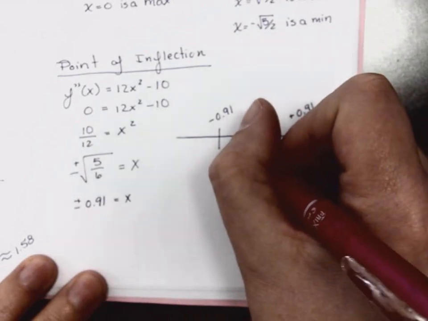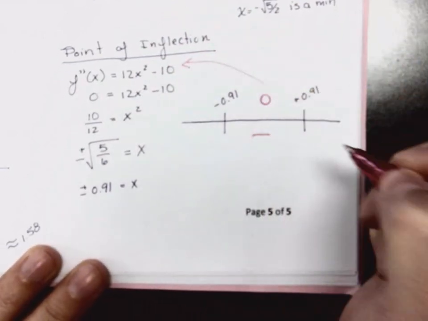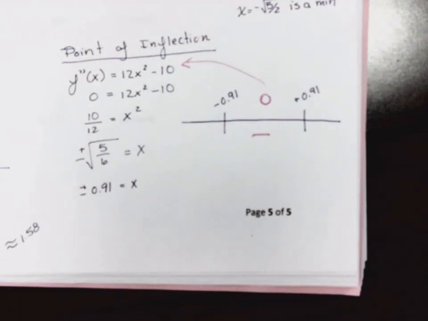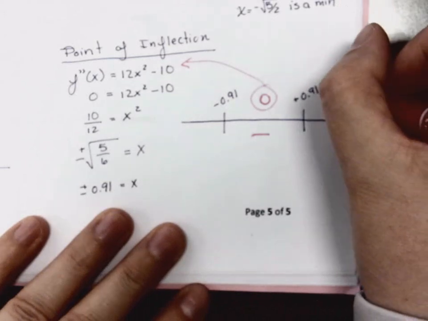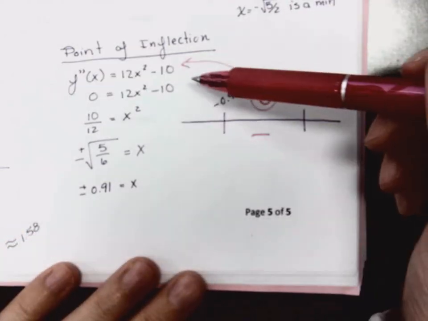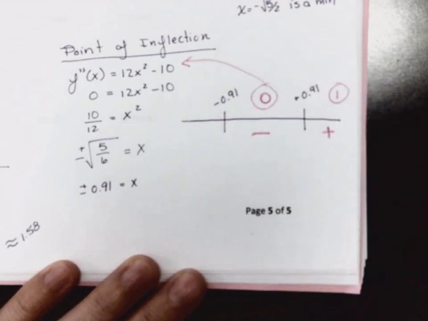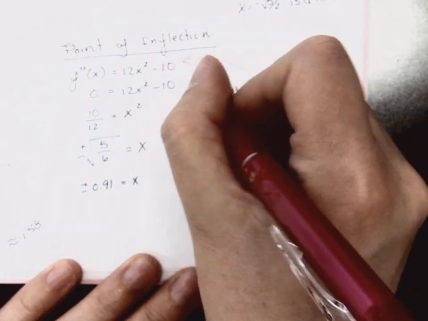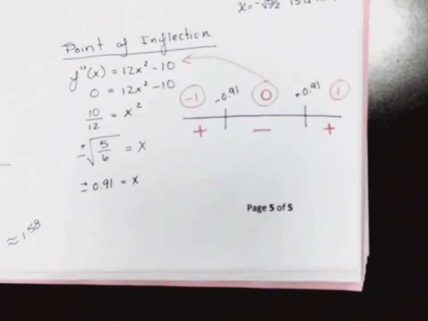We get negative, right? If we were to put 1 in there, we would get a positive. And if we were to put a negative 1 in there, we would also get a positive. And again, we're not worried about the numbers. We're just worried about where the concavity is changing.